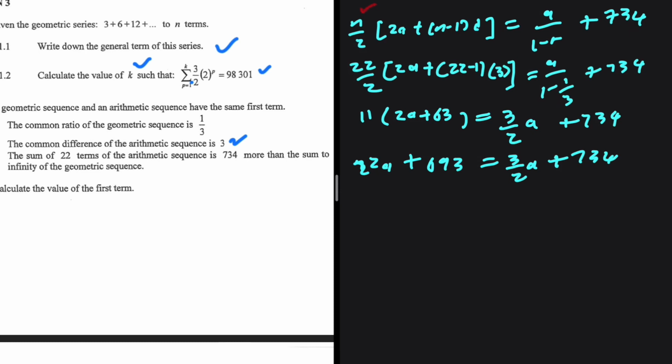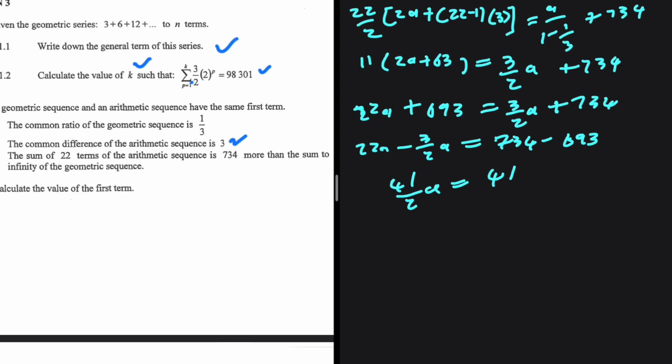So we have 22a minus 3 divided by 2 a being equal to 734 minus 693. So what is 22 minus 3 divided by 2? We have 41 divided by 2 a being equal to 734 minus 693, which is 41. So a is equal to 41 divided by 41 divided by 2. a is equal to 2.